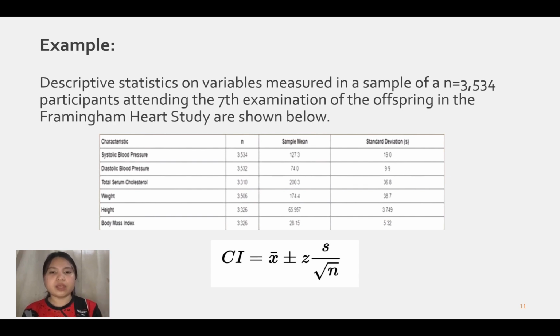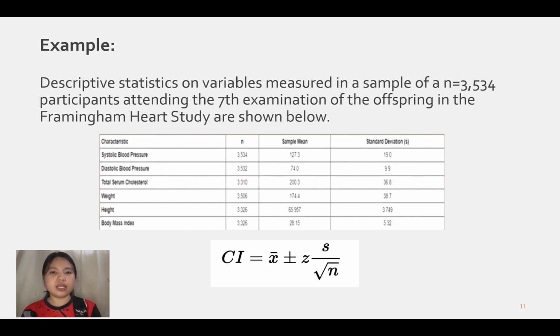So, dito sa table, mag-focus lang tayo dito sa systolic blood pressure. We have n equals 3,534 participants. Sample mean is equal to 127.3 and the standard deviation is 19.